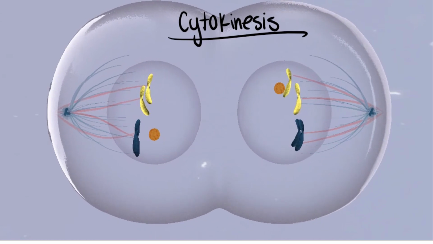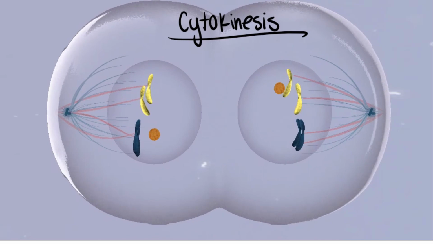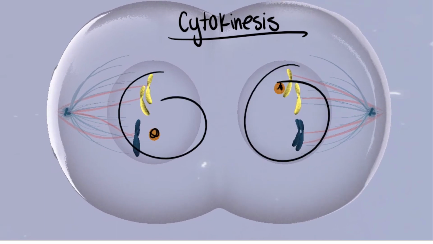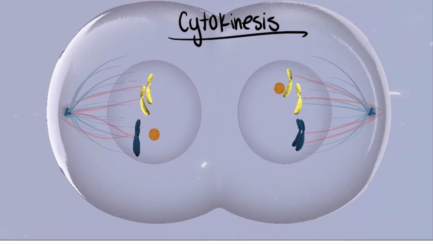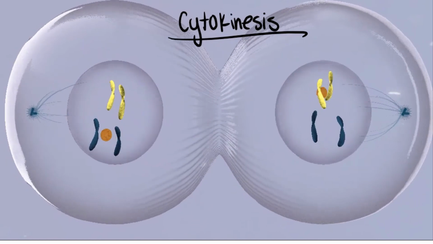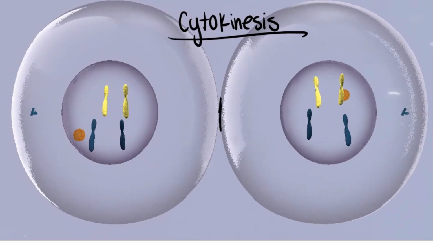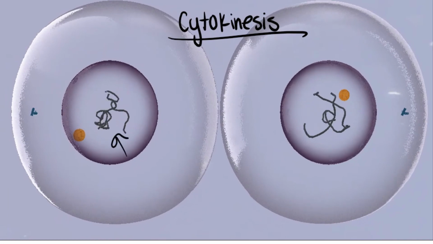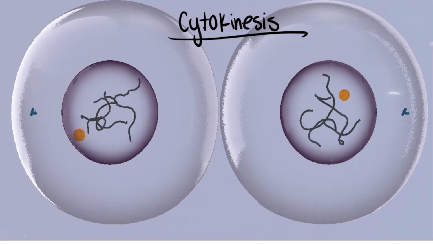Cytokinesis usually happens at the same time as the telophase that we learned about earlier, in which the nucleus reforms and the nucleolus is visible. As you can see here, it's pinched until it completely splits apart, and now the DNA recoils until it is two complete cells.